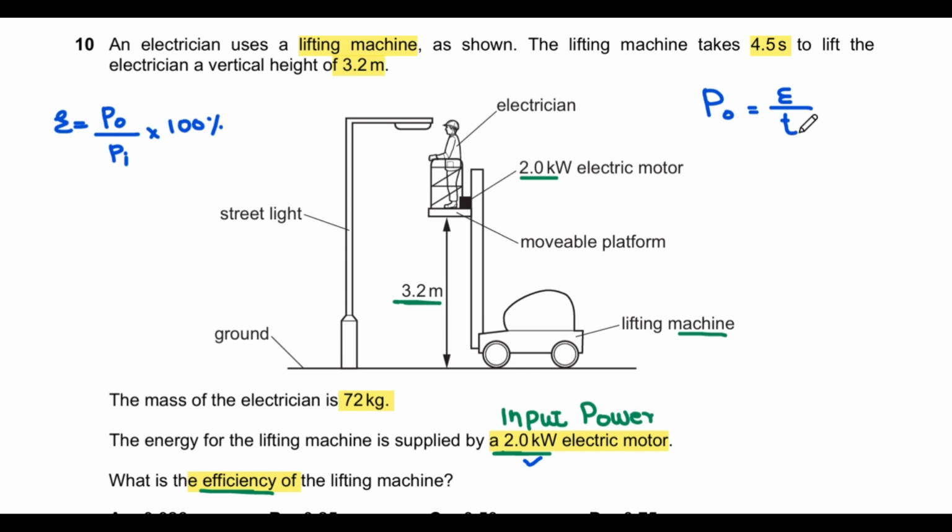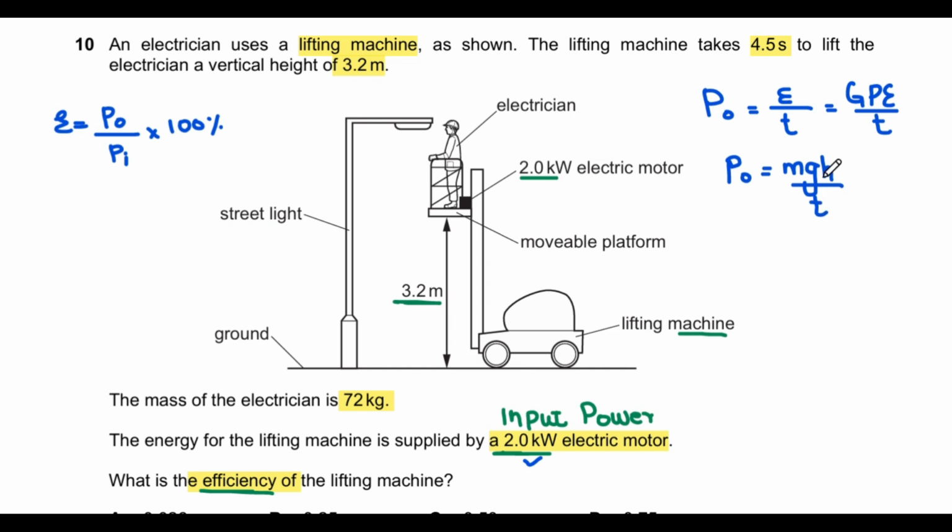And energy that we are supplying is a kind of gravitational potential energy because we are lifting it to certain height. So instead of energy, I can write gravitational potential energy in unit time. Gravitational potential energy has the formula mgh, so I can replace it by that as well. So it would be mgh over t.